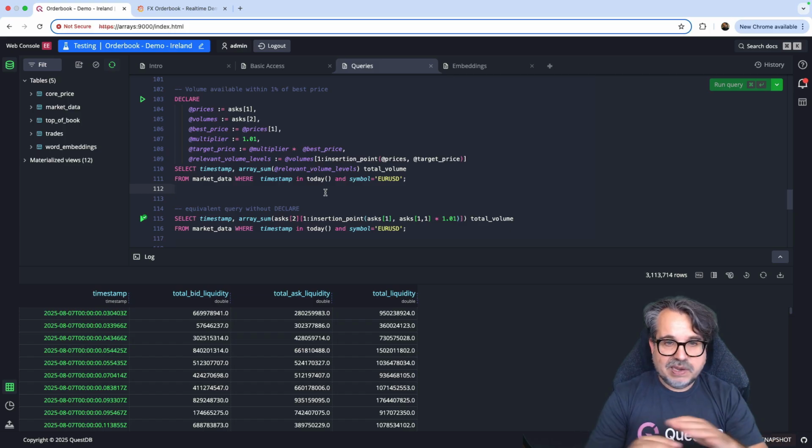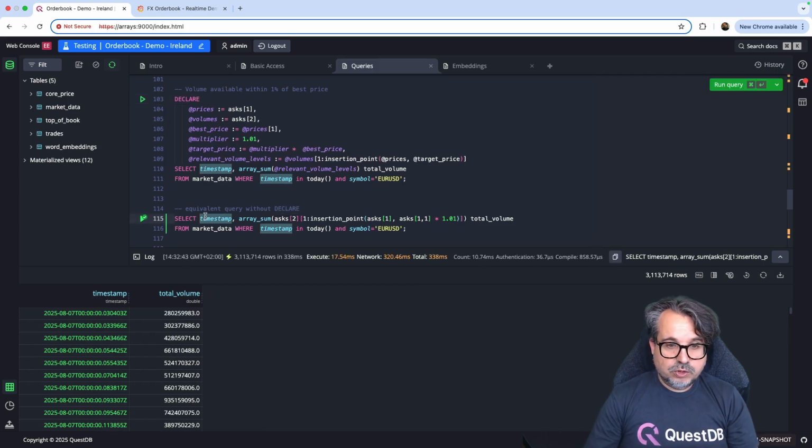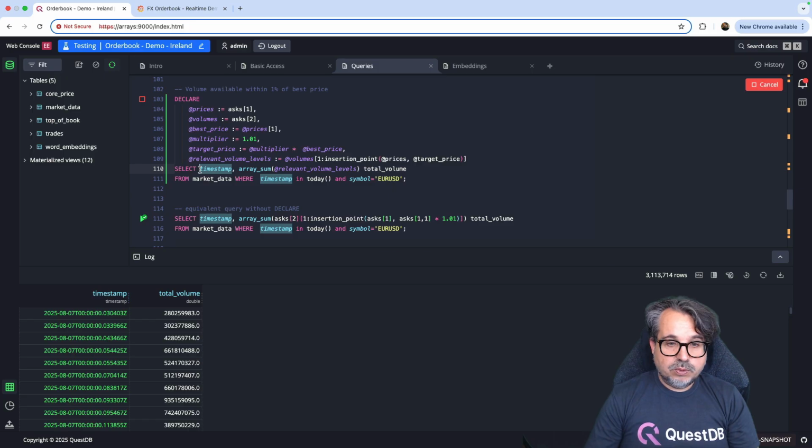So I take the best available price. I don't want to pay more than 1% of that target price. How can I calculate this? By the way, this query, I have it in two versions. One is the raw SQL, and the other is the SQL using declare to make things easier to follow. But these two queries that I'm going to execute right now for you to see, they do exactly the same.